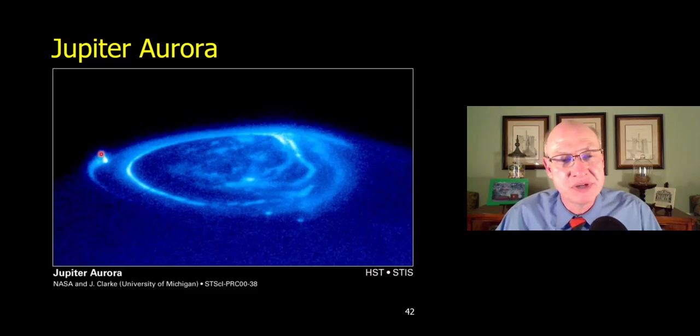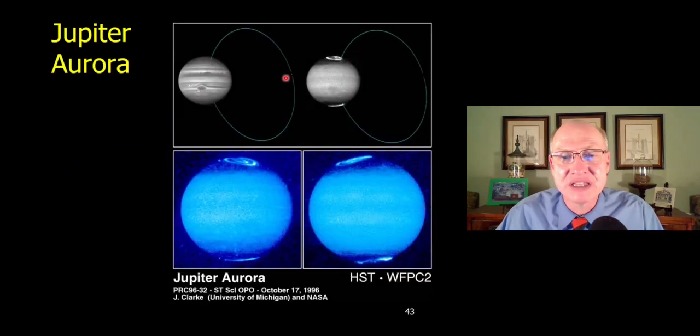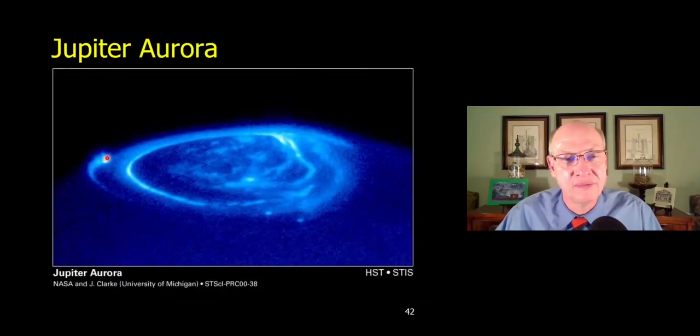For example, this particular one right here comes from Jupiter's moon Io. We can see that because if we look at where Io is and trace the lines of Jupiter's magnetic field, it ends up on that spot in the aurora of Jupiter.